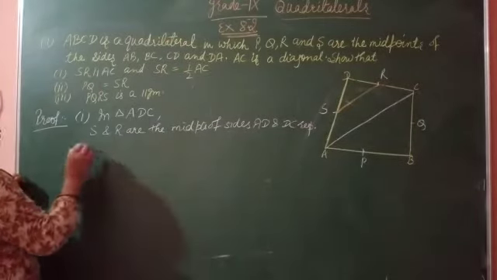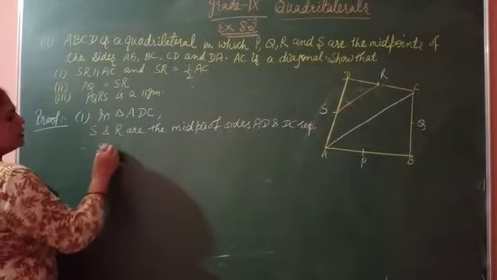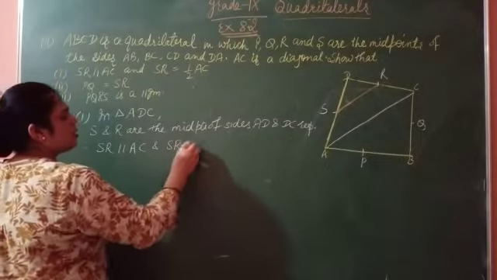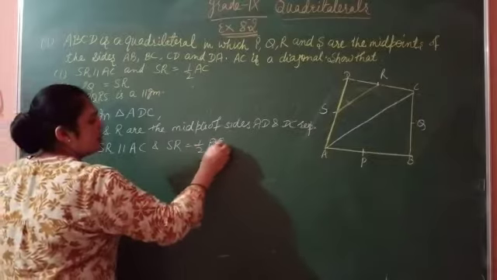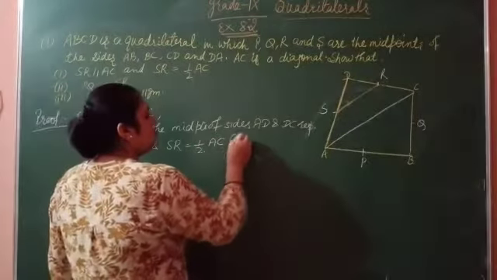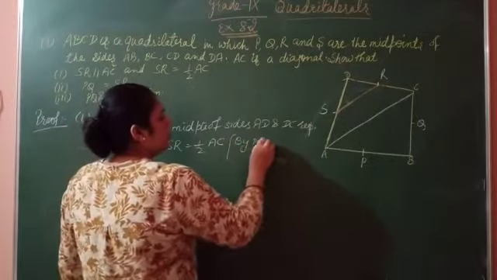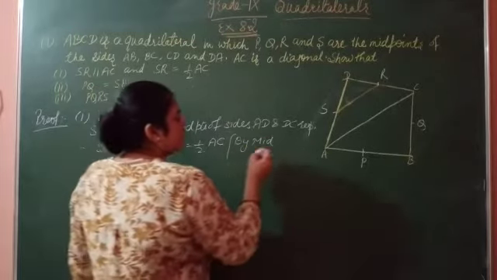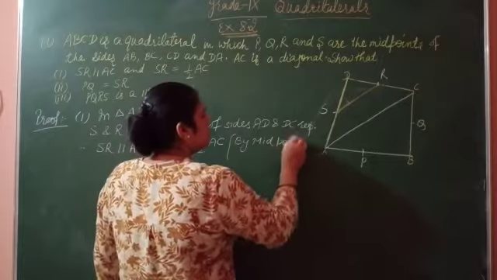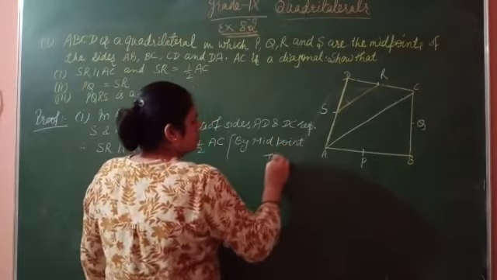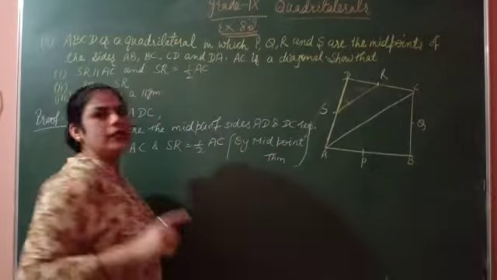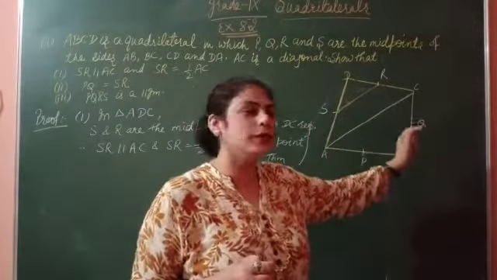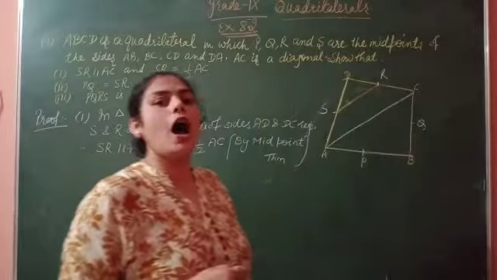So therefore SR is parallel to AC and SR is equal to half of AC. Why? By midpoint theorem. No need to write the full statement, we just write the name, that is, by midpoint theorem. Because our midpoint theorem says that if we join the midpoints of two sides of a triangle, that line is parallel to the third side and is equal to half of it.